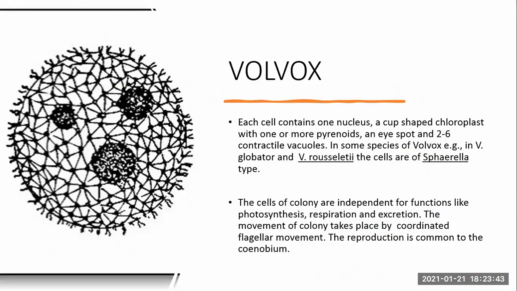Each cell contains one nucleus, a cup-shaped chloroplast with one or more pyrenoids, an eye spot, and 2 to 6 contractile vacuoles. In some species of Volvox, for example Volvox globator and Volvox dissipatrix, the cells are of spherical type.